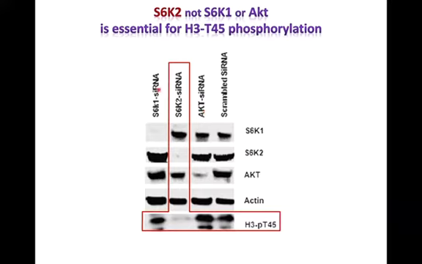So siRNA S6K1 will knock down S6K1. To make sure it is knocked down, you can see in the Western blot that there is no S6K1 here. If we use the siRNA for S6K2, you will see that there is no S6K2 when you do Western blotting for S6K2. And when you knock down AKT, you can see that AKT is at a minimum when you do Western blot for AKT.